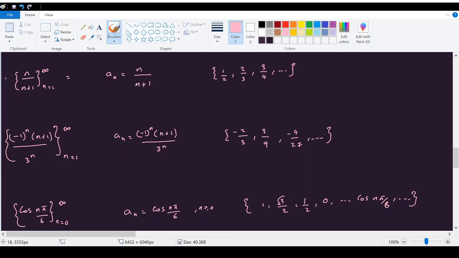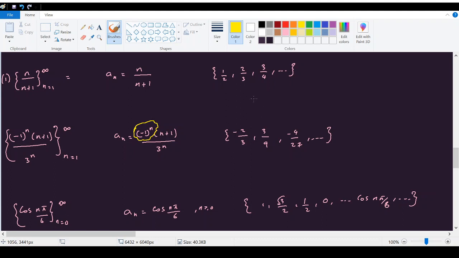The first one is the one that we discussed before, and there's another thing that I want to mention, which is a useful tool that we use when we represent sequences. That is this negative 1 to the power n term.